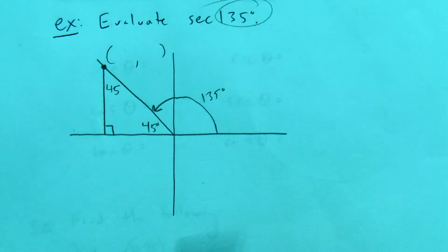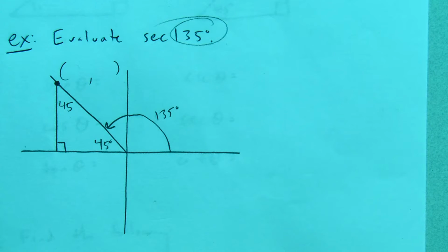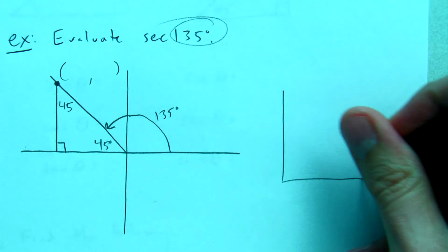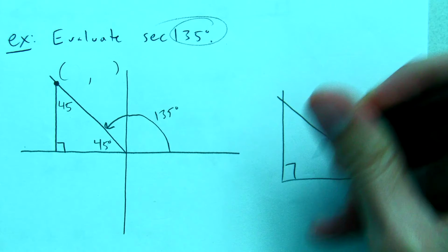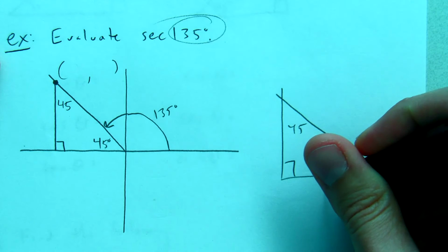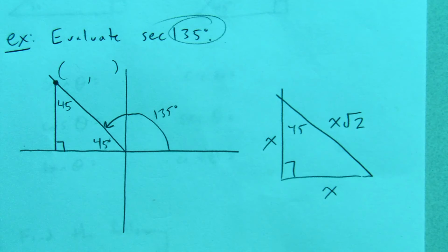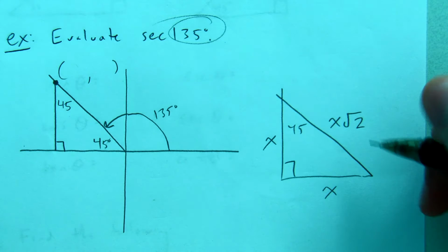So let's think about this special right triangle. Do you remember what the proportions are for 45, 45, 90? We'll draw them again. There's a 45, 45, 90 right triangle for you. Remember, we labeled the sides as x, x, and x root 2. And we can pick any value for x, as we saw in class, and sine and cosine and the other trig functions will all still have the same value, right?